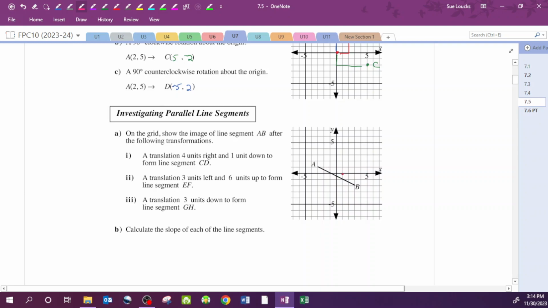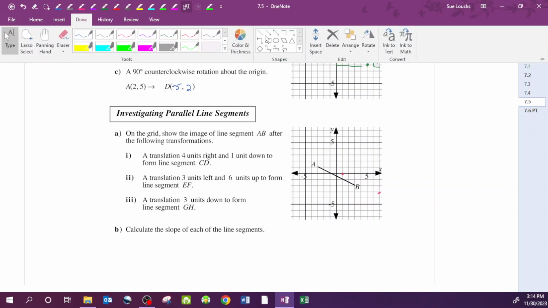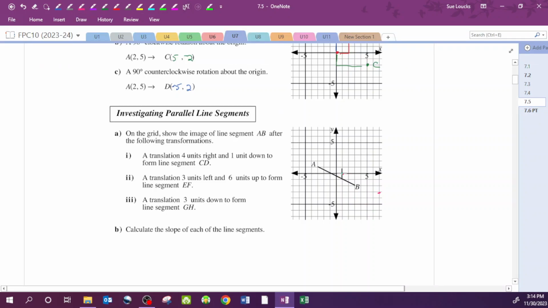So this is going to be one end of my segment. And from here, we're going to go 4 to the right, 1, 2, 3, 4, and 1 down. And then I'm going to draw a line from one to the other, which is always fun on the computer. Okay, and I'm going to label that. This is CD.